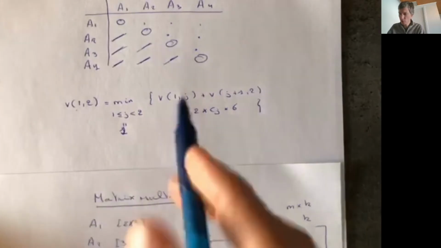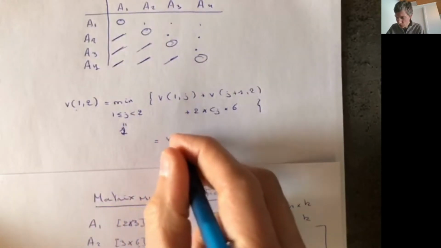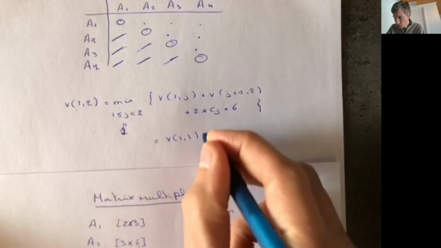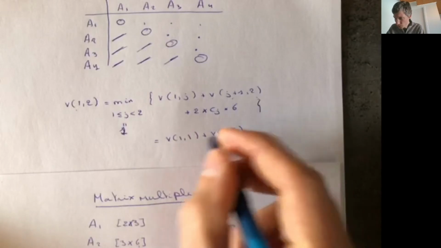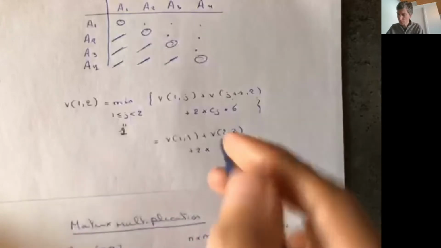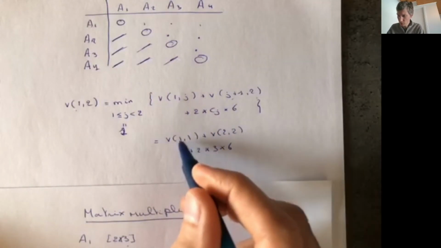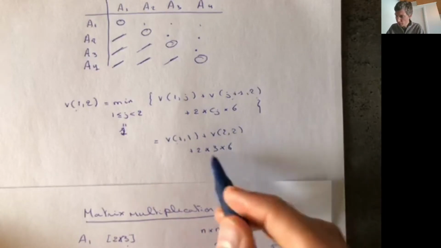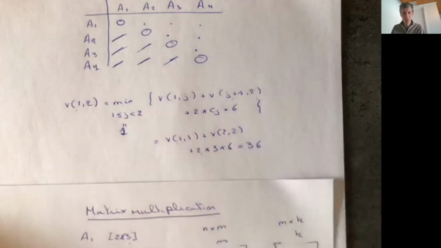Okay, and as there's only one of them, J has to be equal to 1 for this minimum, right? So this is V_11 plus V_22 plus 2 times C_J, which is 3, 2 times 3 times 6, right? So this is equal to 0, this is equal to 0, 2 times 3 times 6 is 6 times 6. This is 36.